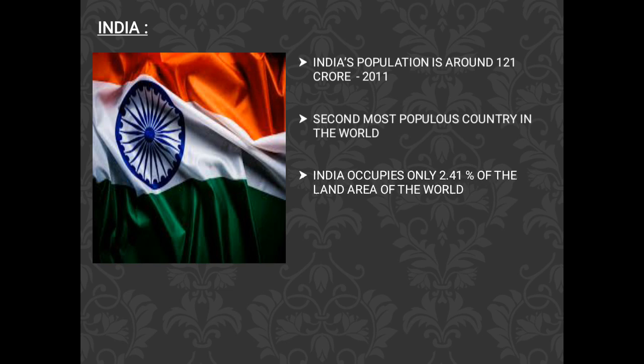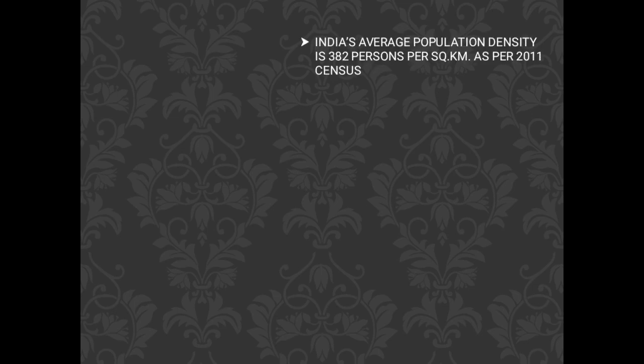India occupies only 2.41% of the land area of the world, where it supports 17.5% of the world population. India's average population density is 382 persons per square kilometer as per 2011 census.